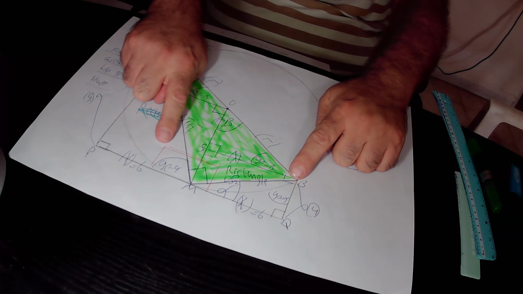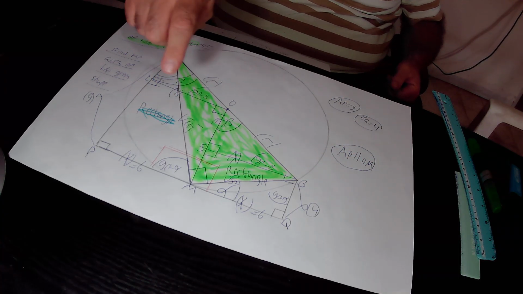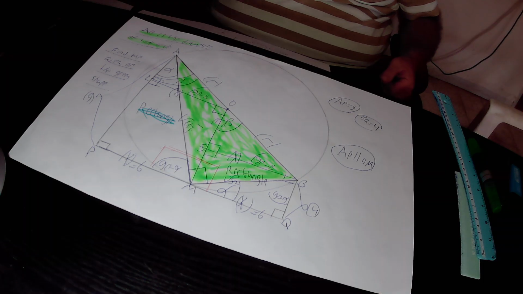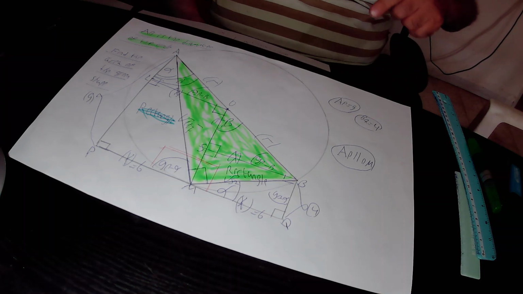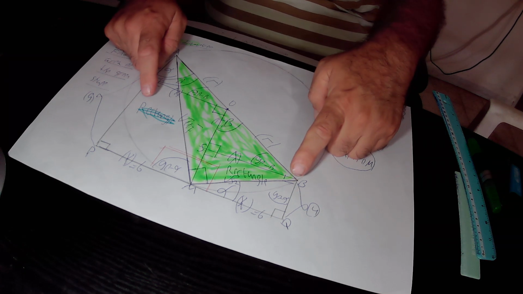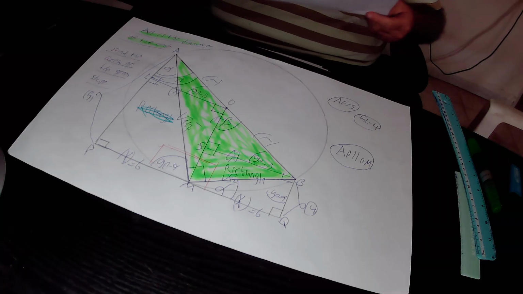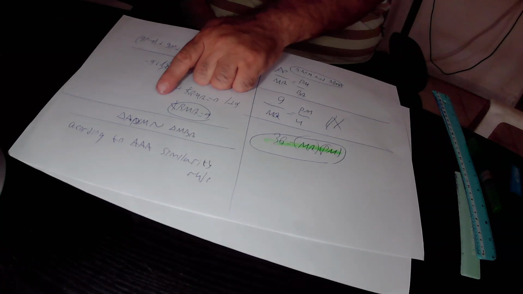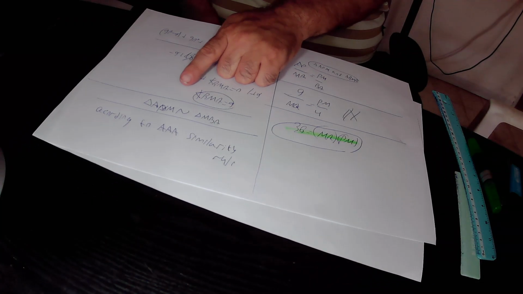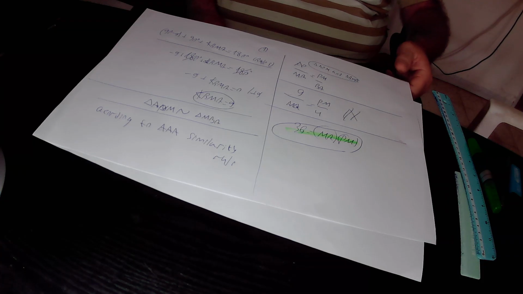So all the angles of the big right triangle APM are correspondingly equal to all the angles of the small right triangle BMQ, and therefore the big right triangle APM is similar to the small right triangle MBQ according to angle similarity.